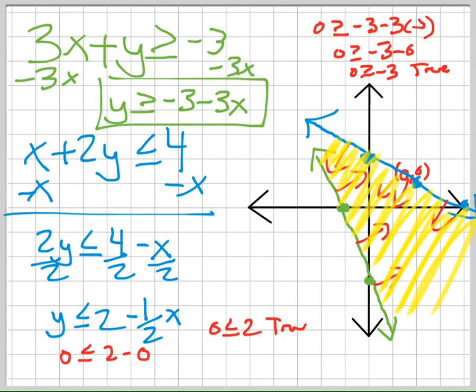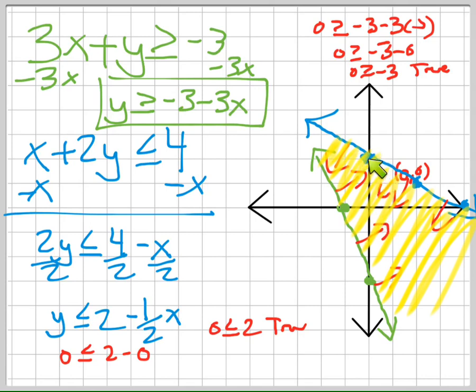So just by looking at this, would 1, 0 be a solution to both of these inequalities? 1, 0 would be here. It would be in the shaded area. Now, let me ask this. Would 0, 2 be a solution to both of these inequalities? No. 0, 2.